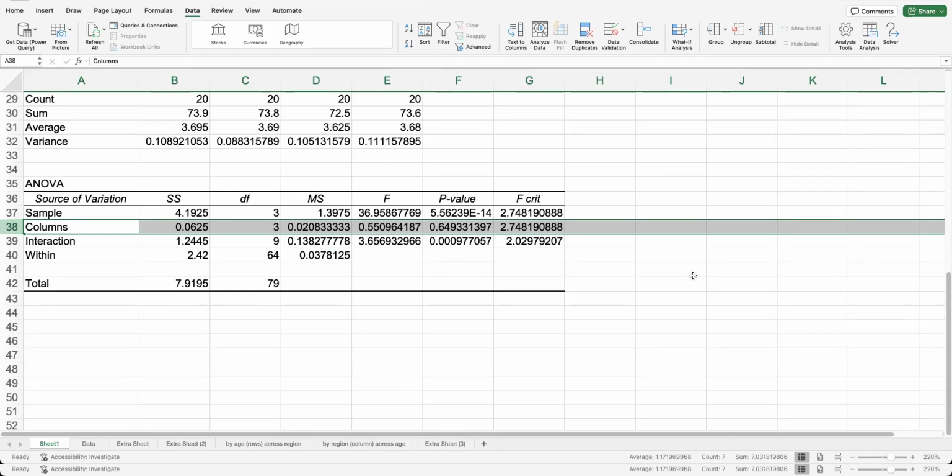My F calculated value is 0.055 and my F critical value is 2.7. No, that's definitely not significant. P-value of 0.65 when I want 0.05 or smaller, which means the effect we see is nationwide. It's not area specific. So maybe that northeast cold wind and that southern beach lifestyle doesn't make a difference for this shampoo.